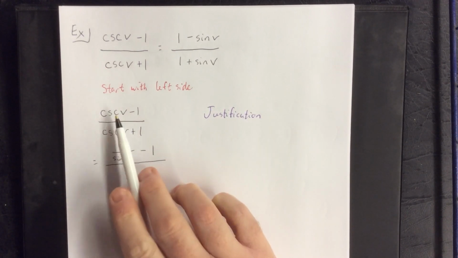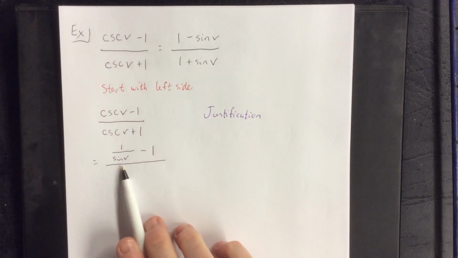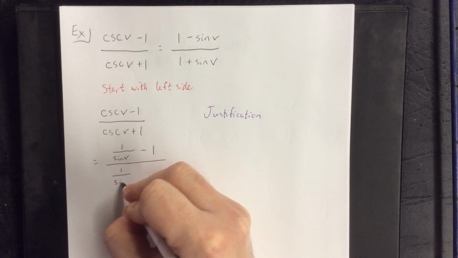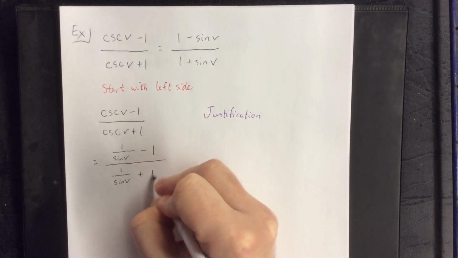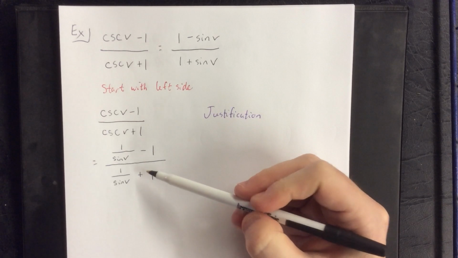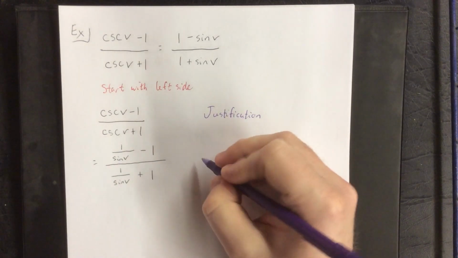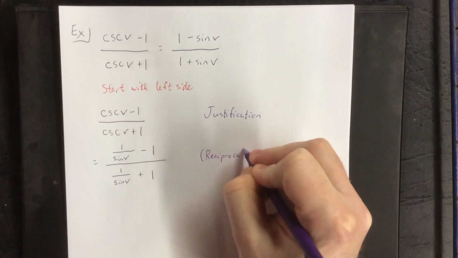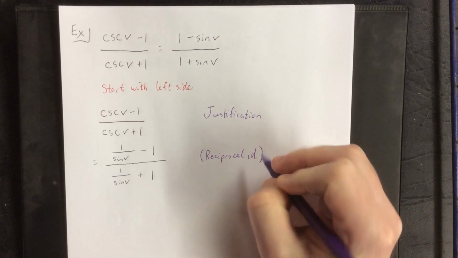So using a reciprocal identity, I can turn the cosecant of v into 1 over the sine of v. Now, it doesn't get flipped across the big fraction bar due to the fact that there is still a plus 1 and a minus 1 to deal with here. The justification for this step will say reciprocal identities.